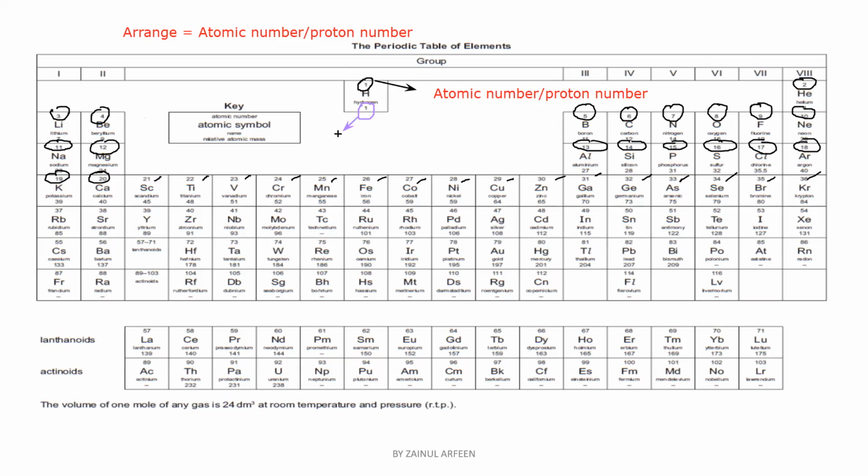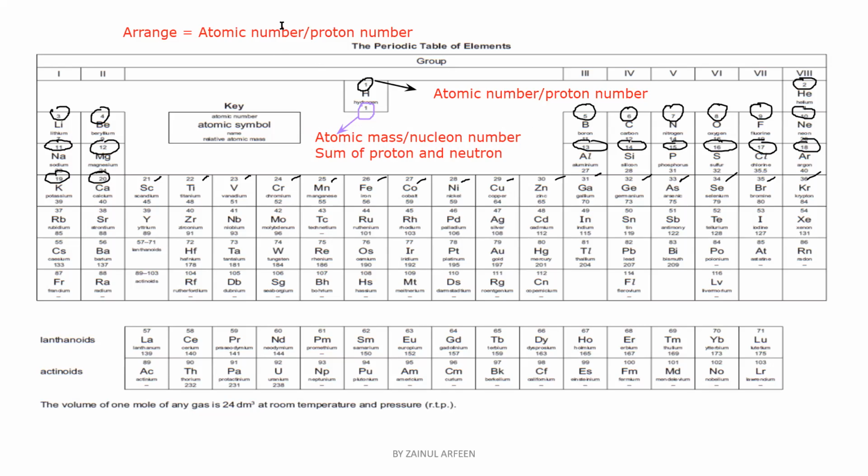This is representing atomic mass, or you can also say nucleon number, or the sum of proton and neutron. So the bottom number is representing the sum of neutron and proton, whereas the top number is representing the proton number. And the elements are arranged in a periodic table on the basis of proton number.